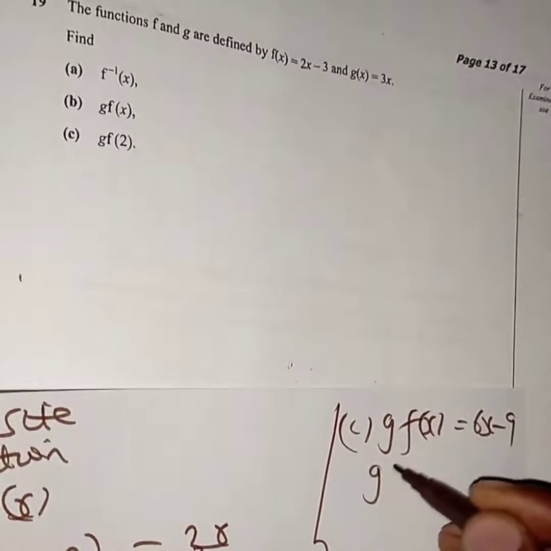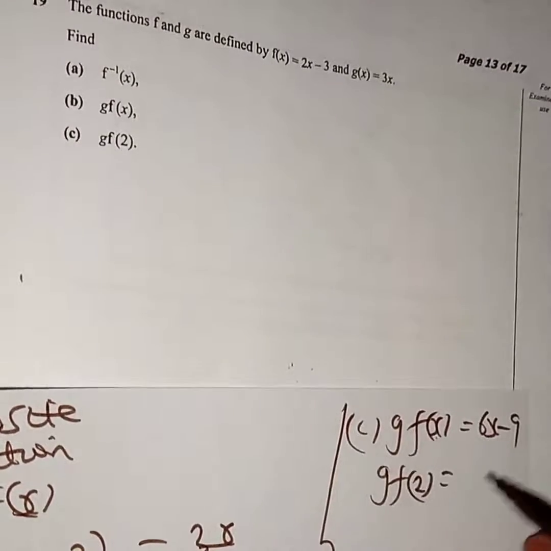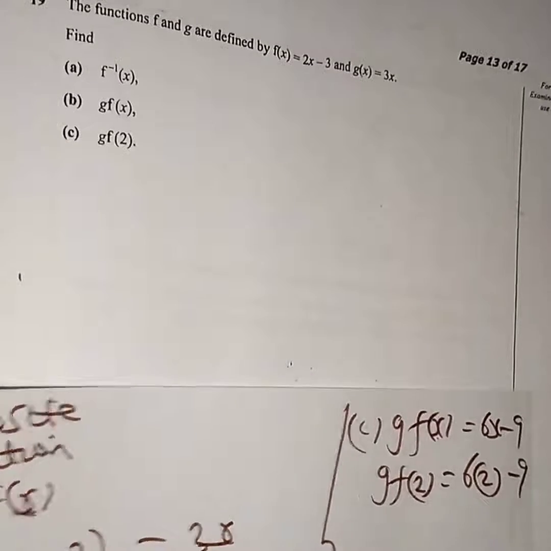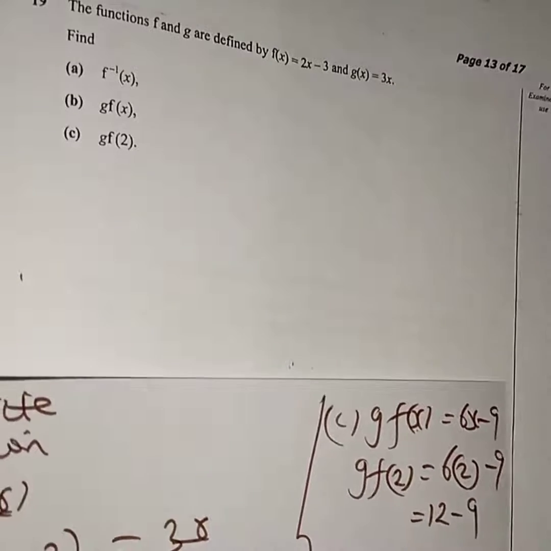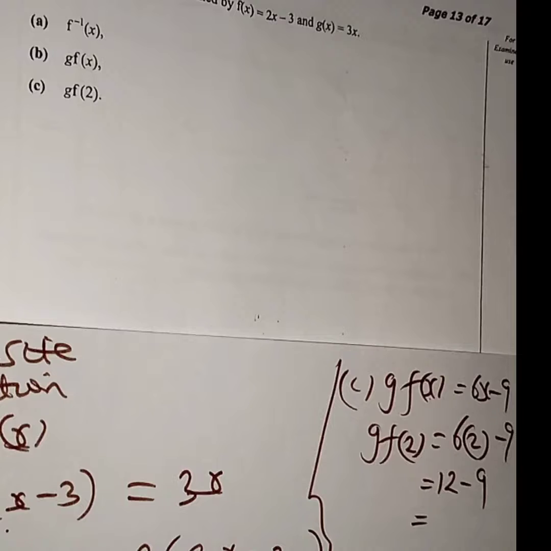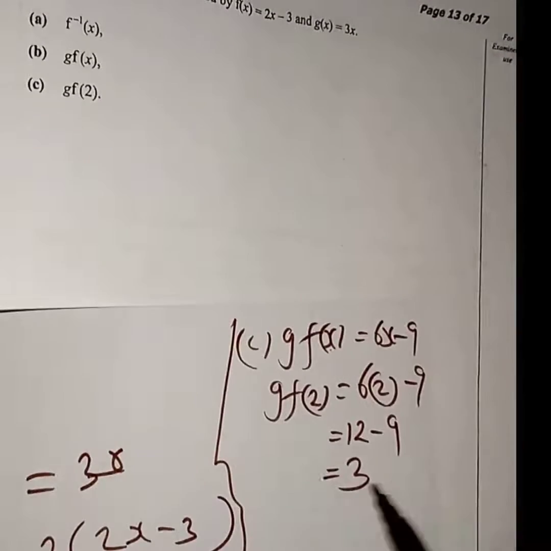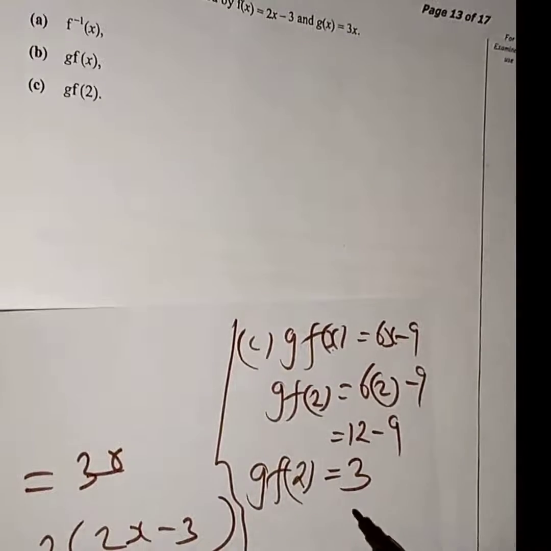So since now for them they have put a 2 where there was x, it means even you, where there's x, put a 2, replace. So 6 times 2 is 12. 12 minus 9, what's the answer? So you get a 3. So the g f of 2 is 3.